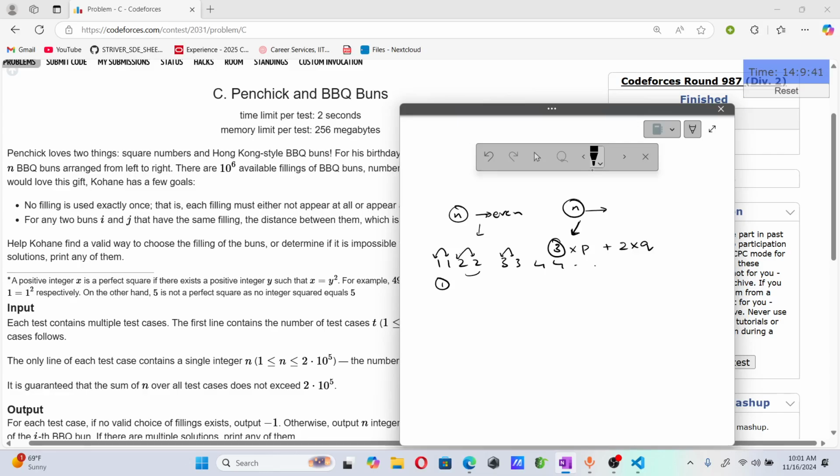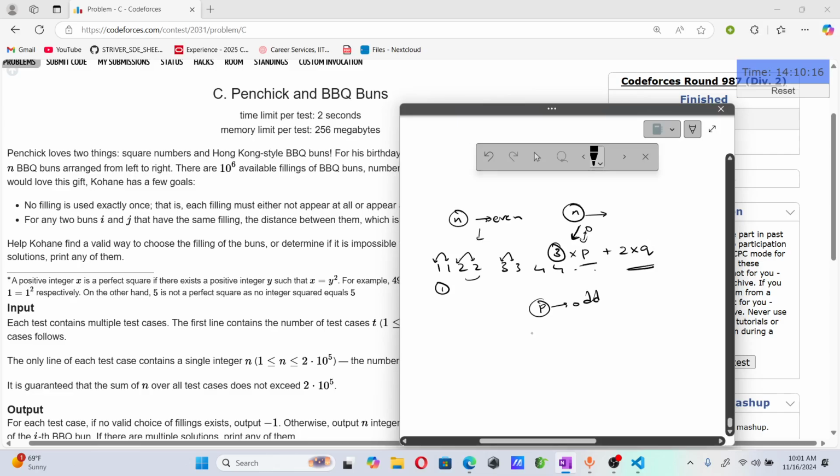So there should at least exist one p, because if it's 0, then it would become even, so p should be odd, right?